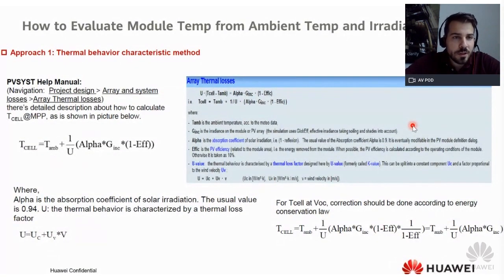In the PVsyst help manual you can find the same information, in project design, array design and system losses, and array thermal losses. There is a detailed calculation of how to calculate the cell temperature. If we suppose that we have this equation, the result will be exactly the cell temperature, and it is a function of the ambient temperature.